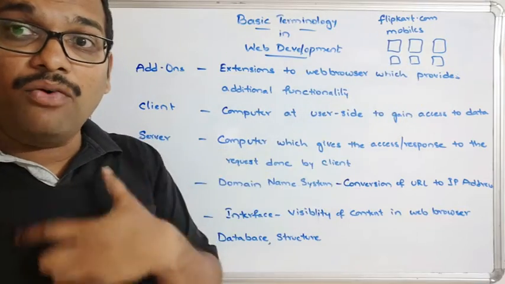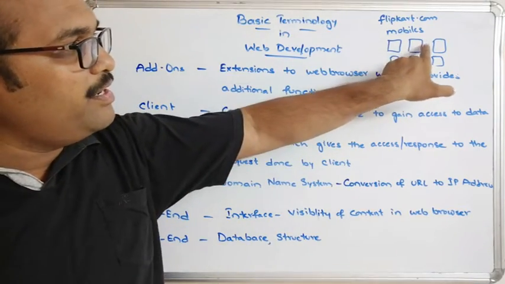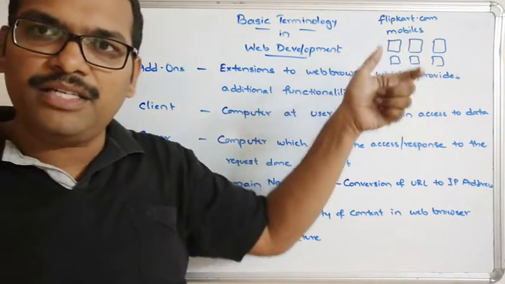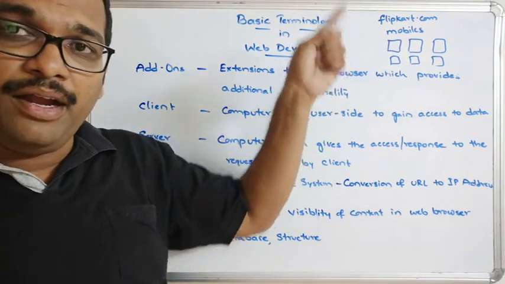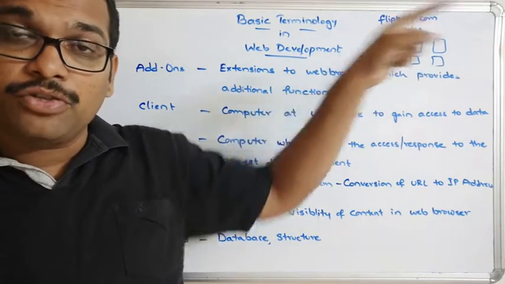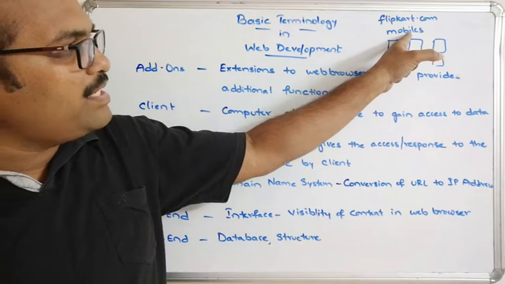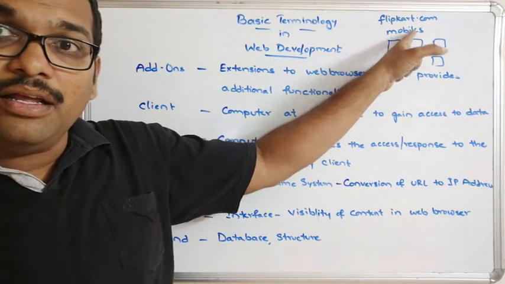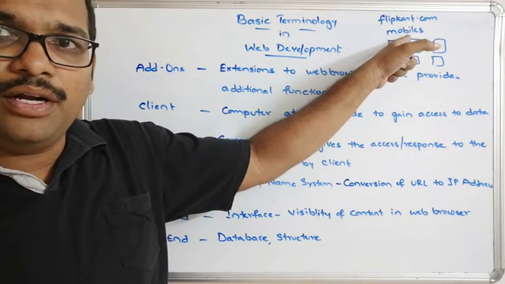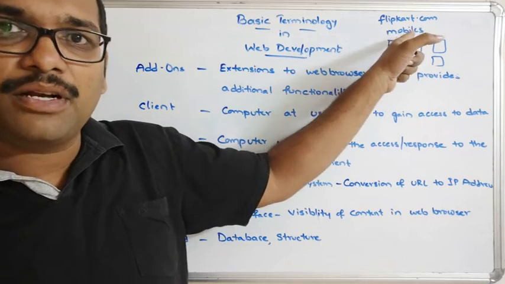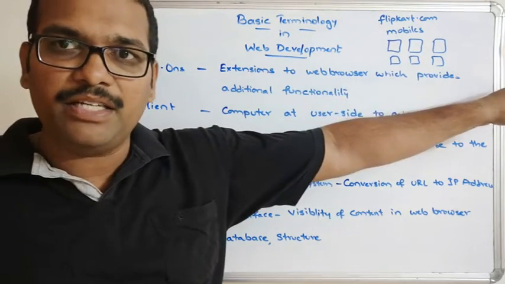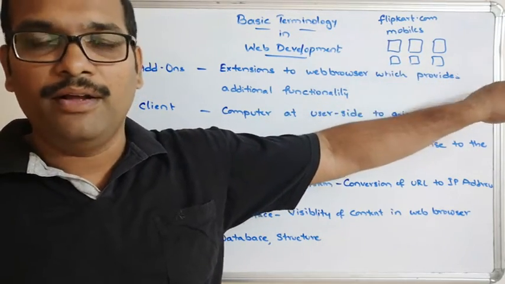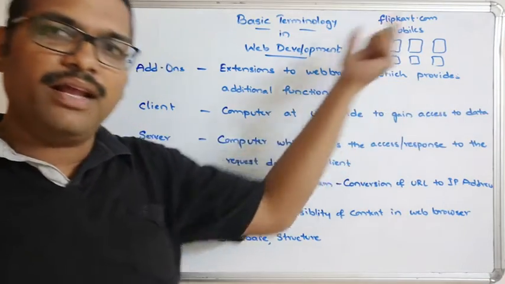Okay, and how are we getting these mobile images and information? That is maintained in the server. Once you enter mobiles as a keyword, that becomes the search word and it will search for this particular mobiles data in the database which is available in the server. Automatically from there we will get the information.